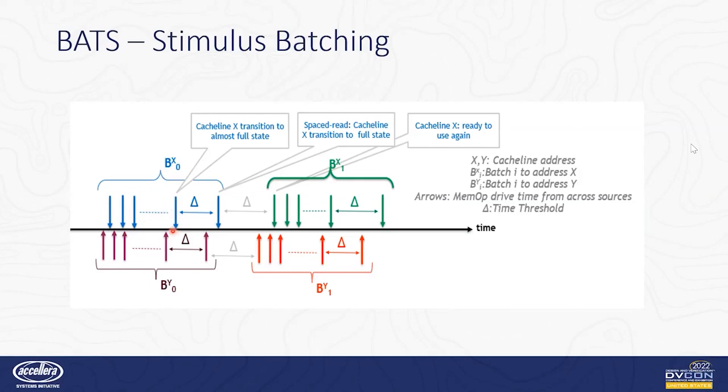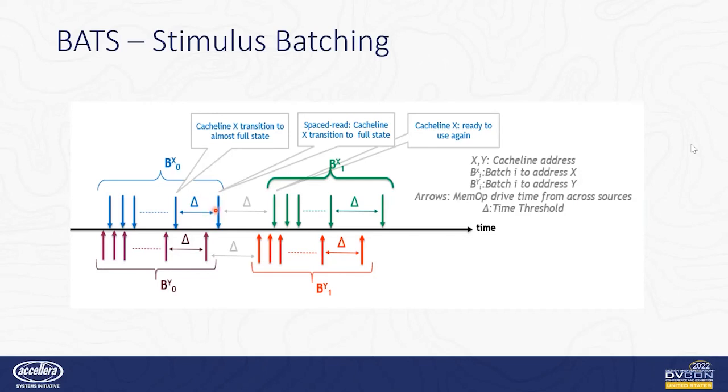And once that count reaches a certain threshold, then BATS internally transitions this cache line state to an almost full state. What it means is, when the cache line transitions to an almost full state, BATS will start denying any request to that cache line for a simulation time delta.